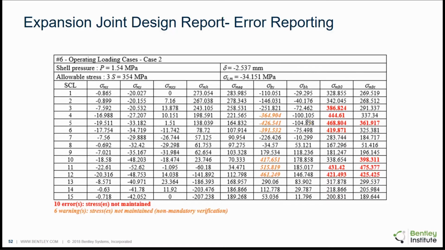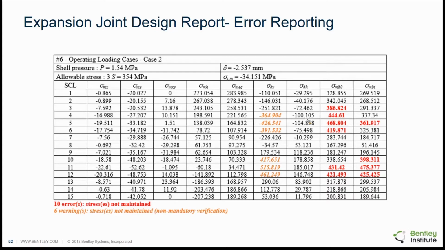And finally, once you get the linearized membrane stresses, you find the von Mises equivalent. So that is the equivalent linearized membrane stress, sigma MEQ, that 6th column. So that is the column that is checked with the allowable stress, and then there is sigma by and sigma bh, which are the bending stresses in longitudinal and hoop direction.